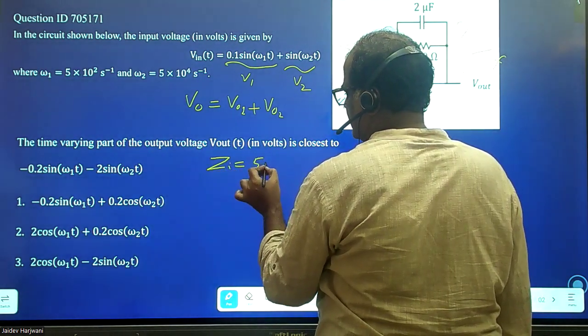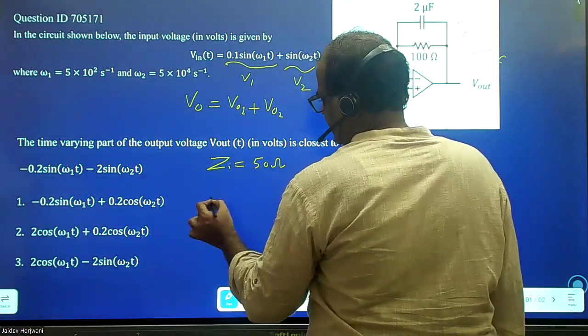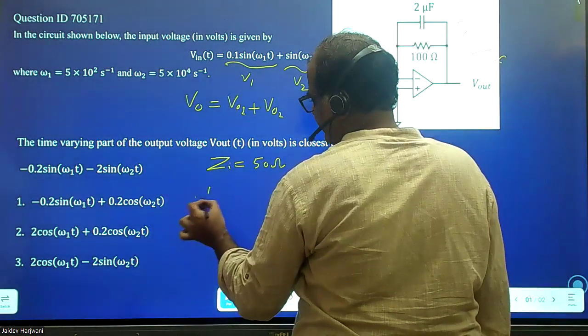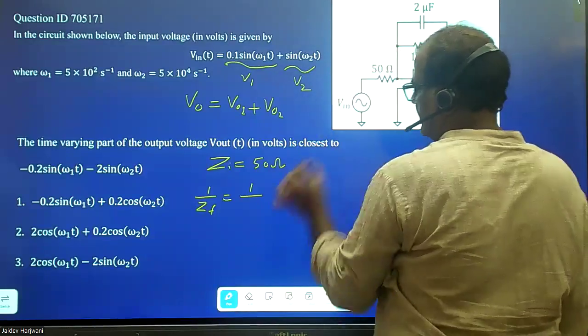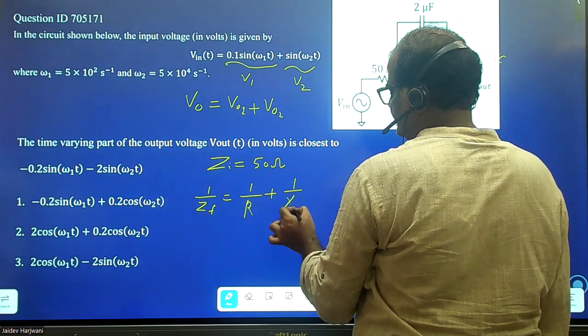ZI is 50 ohm, and for ZF, they both are in parallel. So I can write 1 upon ZF is equal to 1 upon R plus 1 upon XC.